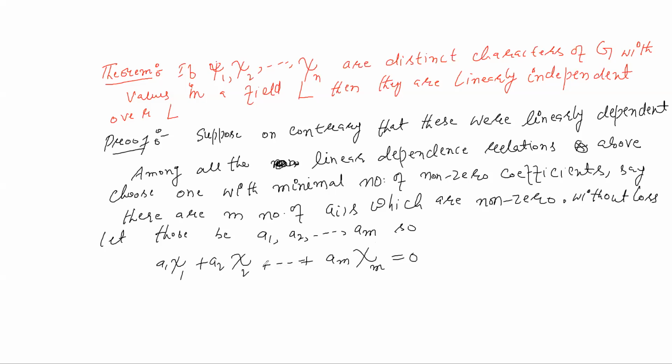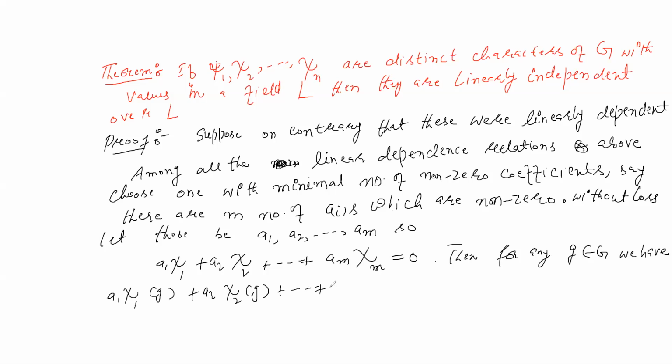Then for any g in G we have A1 chi1 of g plus A2 chi2 of g plus so on plus AM chi m of g equal to 0. Say this equation is double star.